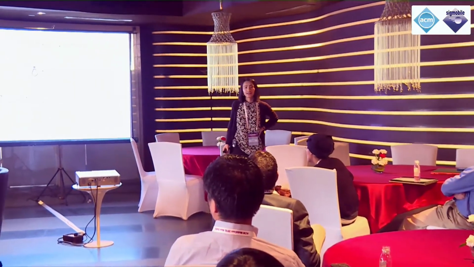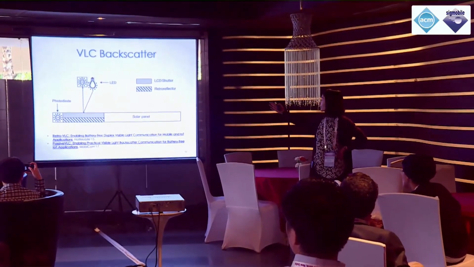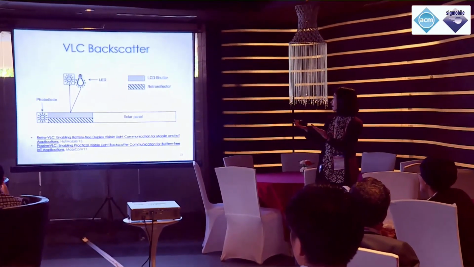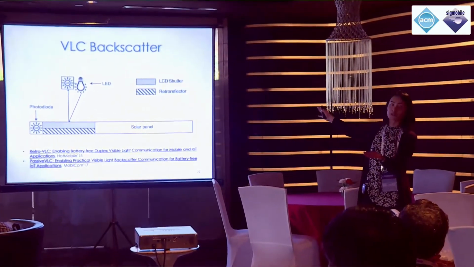So for the uplink, I want to highlight a few works in our community, which essentially backscatter the existing light signals. The idea is, at the receiver, you can have an LCD shutter covering a retroreflector.